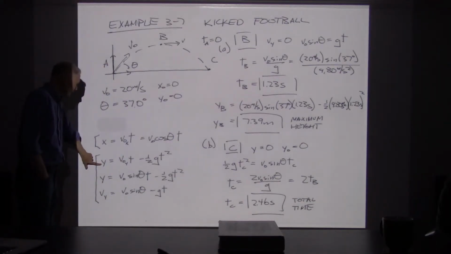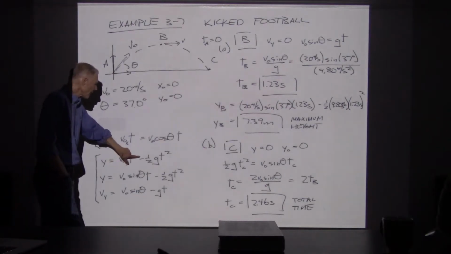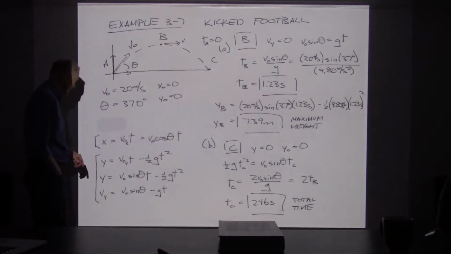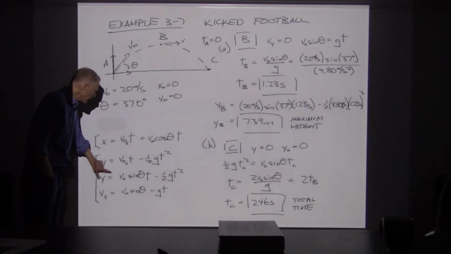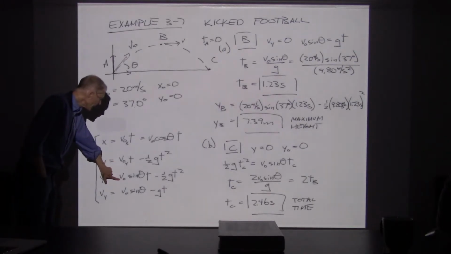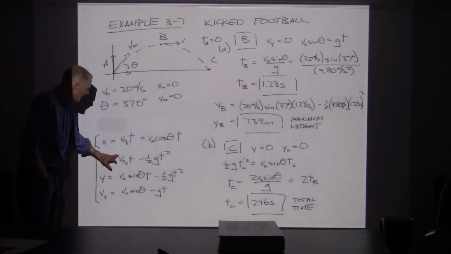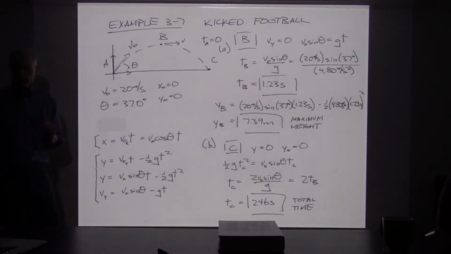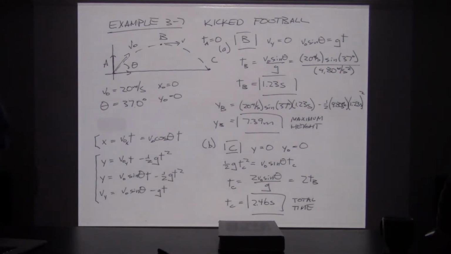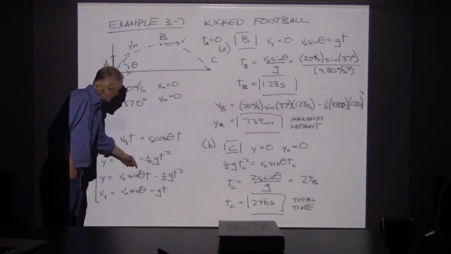Now in the y direction here, I'm going to have V naught y times t minus 1/2 gt squared. And that can be rewritten, I rewrote this, as V naught sine theta. Again, depending on the problem that you're given, sometimes it's easier to work with component form, sometimes it's easier to work in terms of the cosine and the sines.